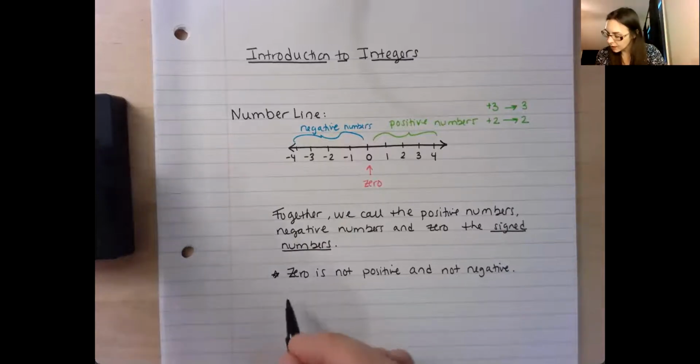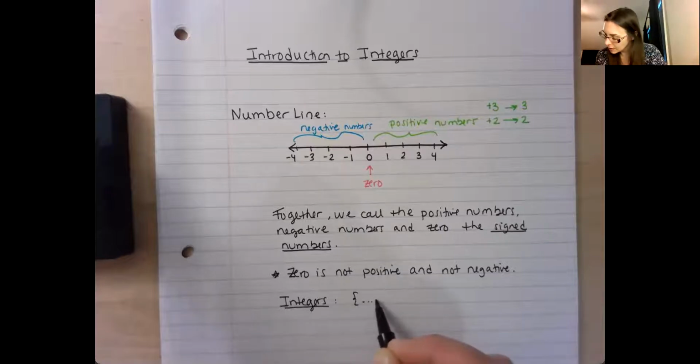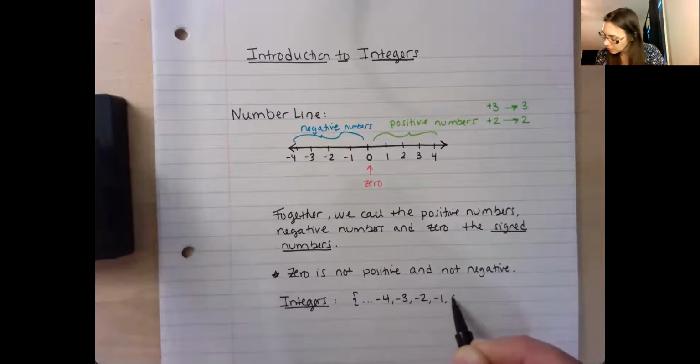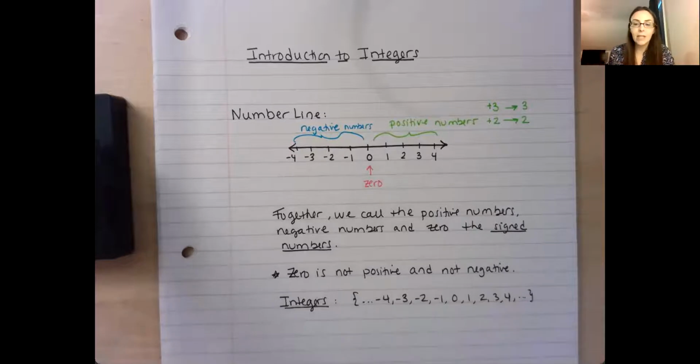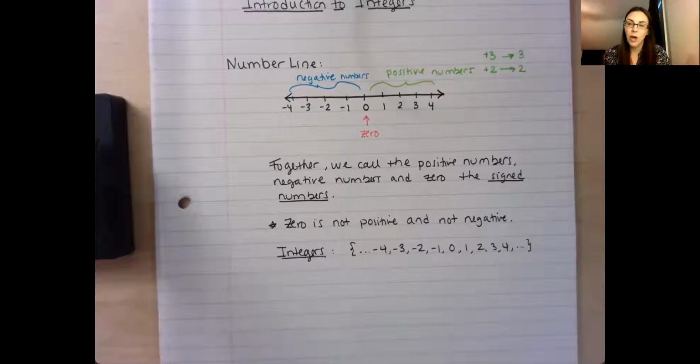So specifically your integers is the set of numbers, and this is going to continue in both directions, that is basically just the whole numbers and their opposites. So your integers do not have fractions or decimals included here.